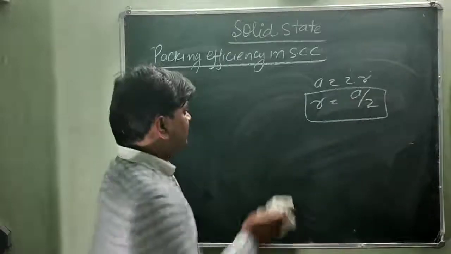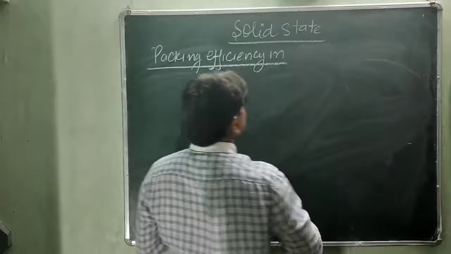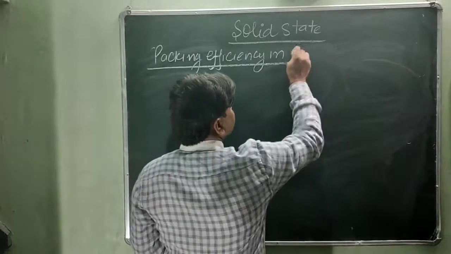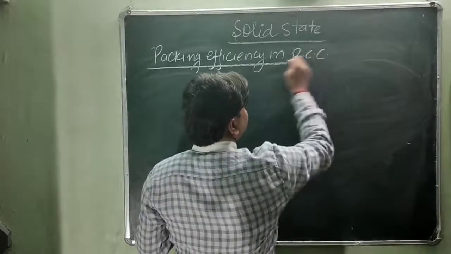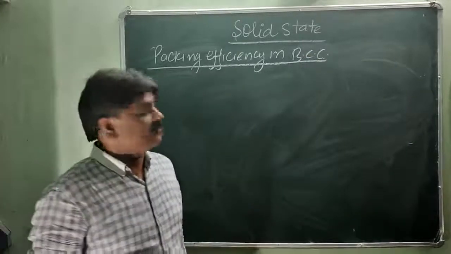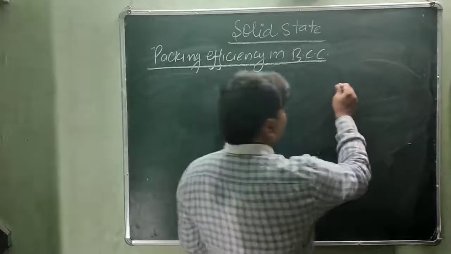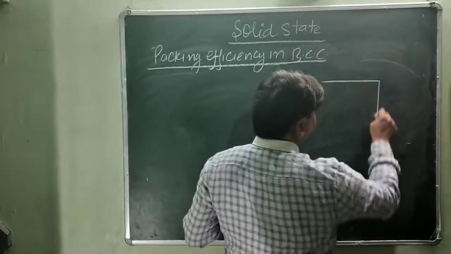Now the BCC, body centered cubic. Packing efficiency in body centered cubic, this is BCC. So how do you calculate the packing efficiency in BCC? From here, this is the cube.